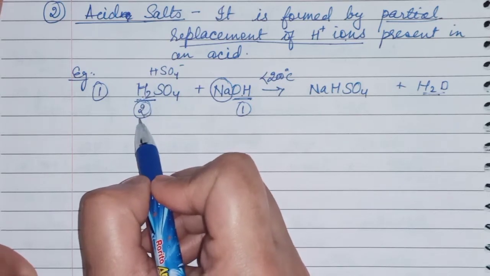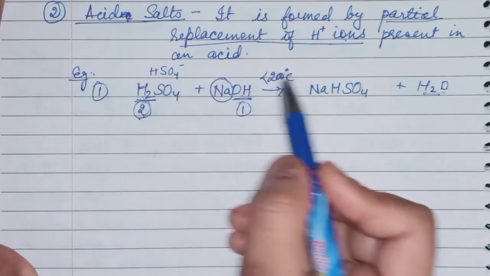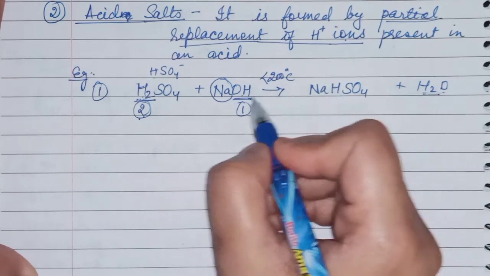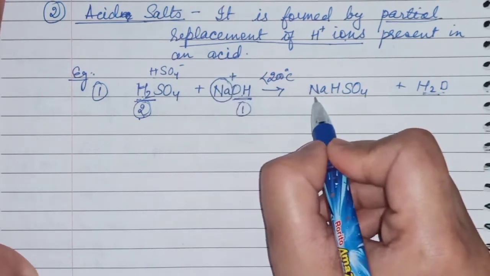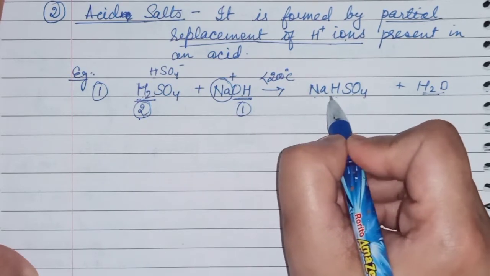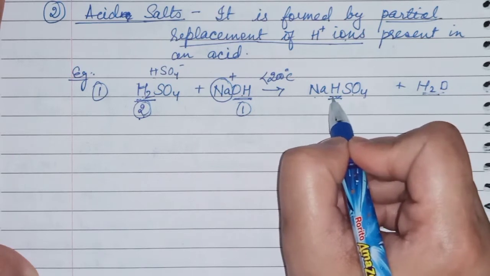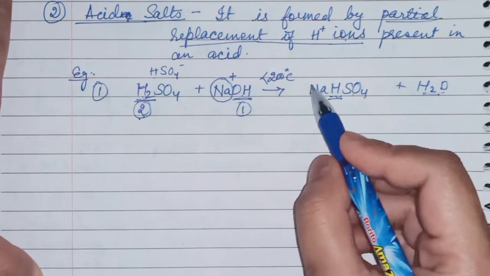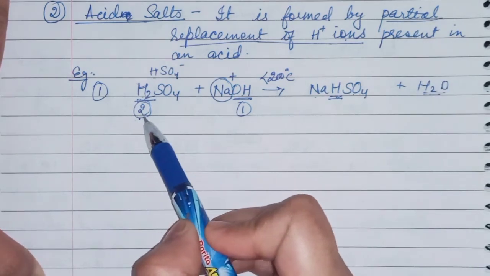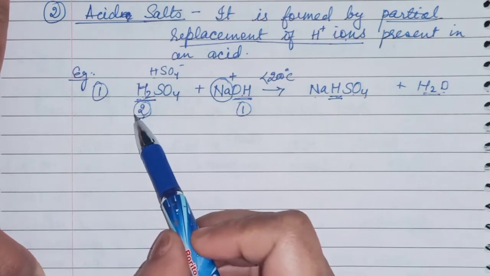Not forming H plus ion. Only 1 H plus will get converted into its ion, the other will remain with HSO4. Okay, that's why the salt is formed here, NaHSO4. Okay, and when there is H in the salt, in the one more example we have discussed with normal salt, you have seen that Na2SO4 is forming by complete replacement of H plus ions.